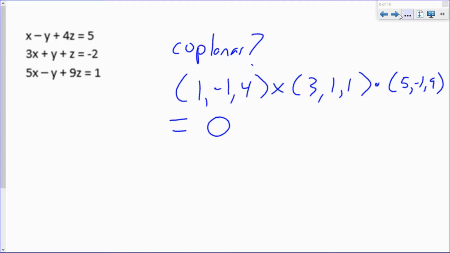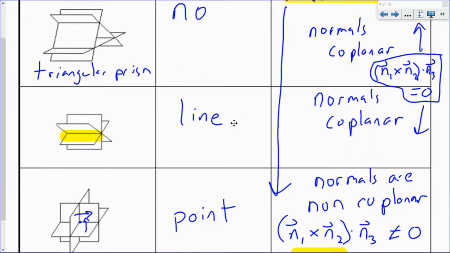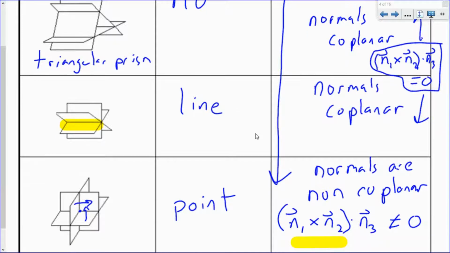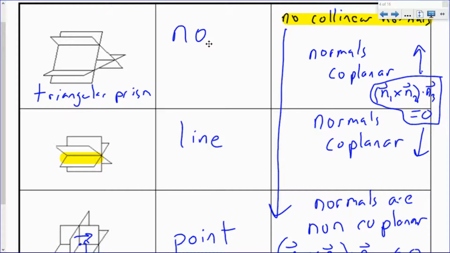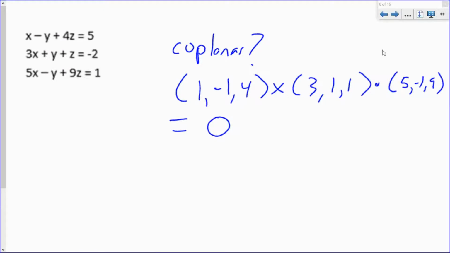So what do we have? Let's just take a look at that table again. We have one of these two cases. If the normals were not coplanar, we know it's a point. So we either have a triangular prism with no intersection or we have a line. And as it turns out, we're not actually able to determine which it is just by looking.